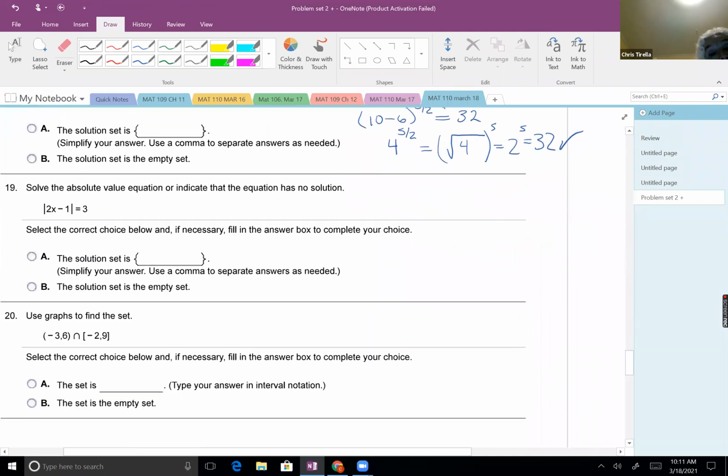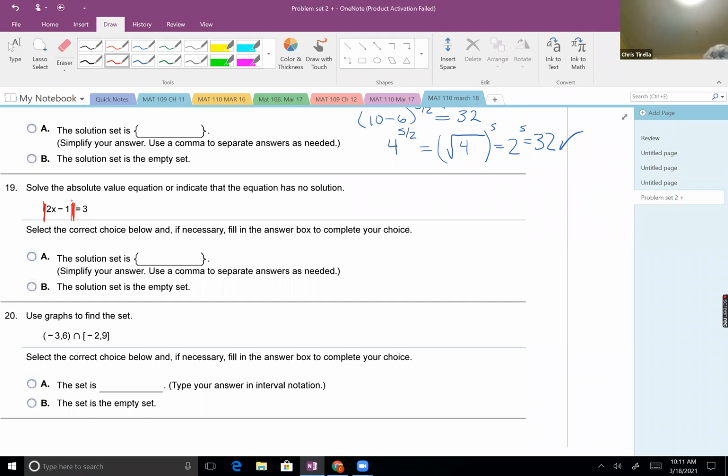Not hearing any questions? The next one asks us to solve the absolute value equation, or say that it has no solutions. When I look at an absolute value equation, I notice that it has 2 bars. And the fact that it has 2 bars reminds me that what I need to do here is solve 2 different equations.